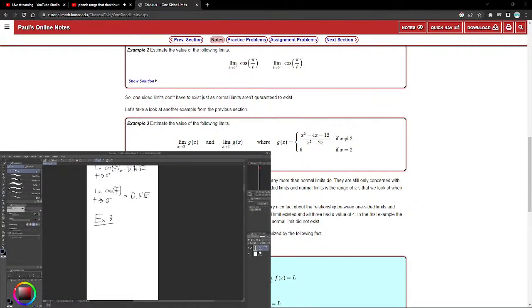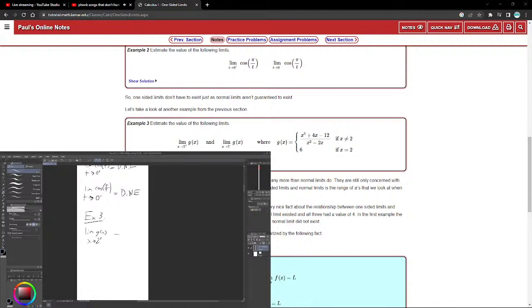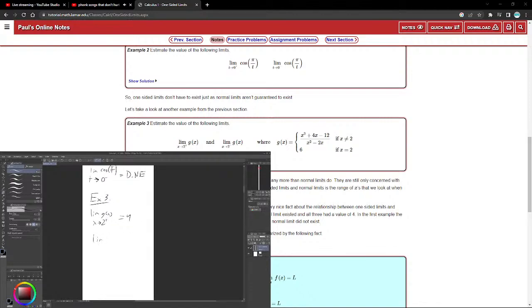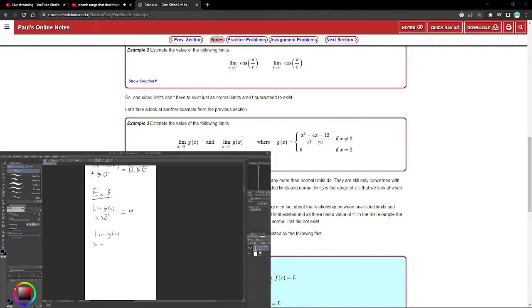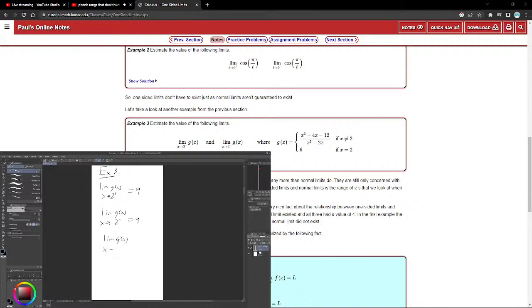The limit of g of x as x approaches 2 from the positive side, that's 4. The limit of g of x as x approaches 2 from the negative side is also 4. And then the normal one, you already said that's 4.